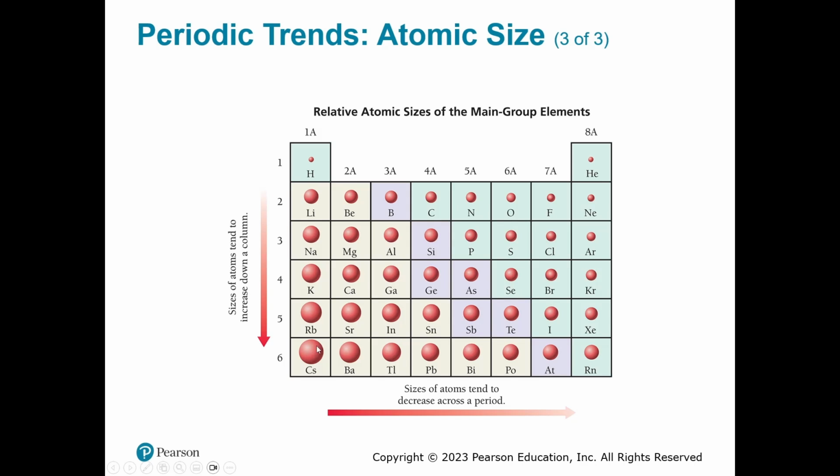So cesium ion will actually be smaller than an astatine ion because astatine is going to have a full 6th valence shell, whereas cesium is going to give up its 1 electron in the 6th valence shell, and it's essentially going to have the same atomic size as something in the 5th valence shell. It's going to be a little bit more electropositive than something in the 5th valence shell, and so its valence electrons will be pushed out a little bit more, but not as much as if those electrons were actually in the next valence shell.